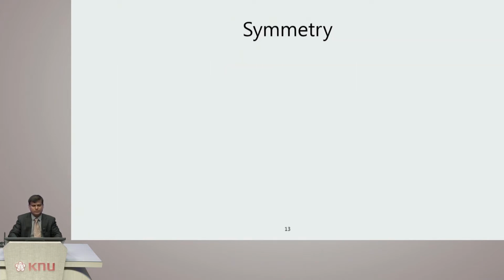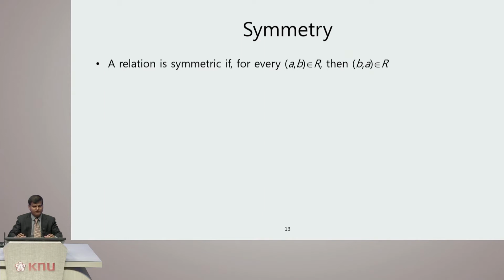Now let's switch to symmetry. What is symmetry? A relation is symmetric if for every (a, b) that is an element of R, then (b, a) is also an element of R. Yes, you see a symmetry between these two things, a and b, b and a. Let's see how this can be established.